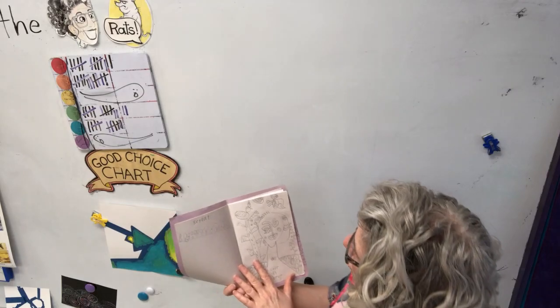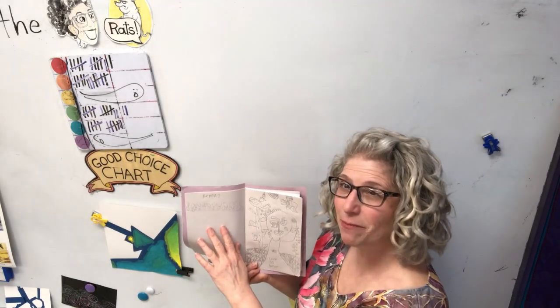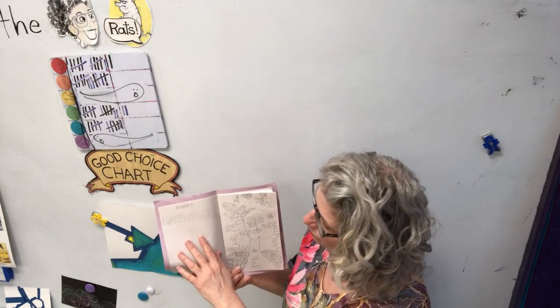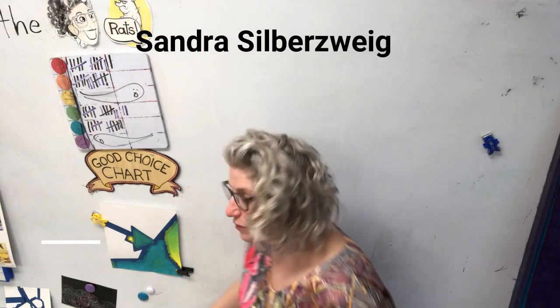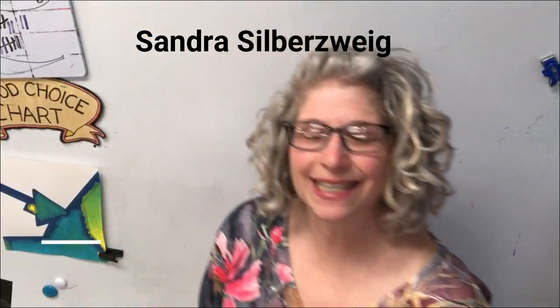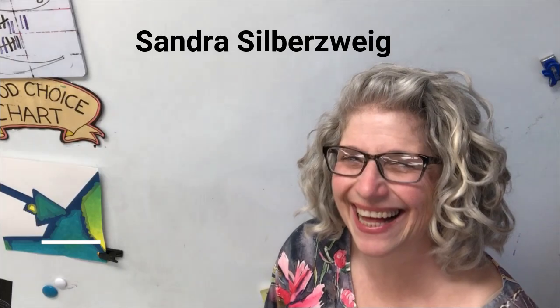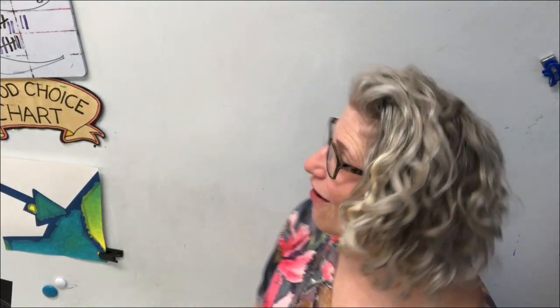But what I want you to do first is, on an empty page in your sketchbook, we're going to practice two things that Sandra Silberzweig uses in her artwork. The first thing is something really important.